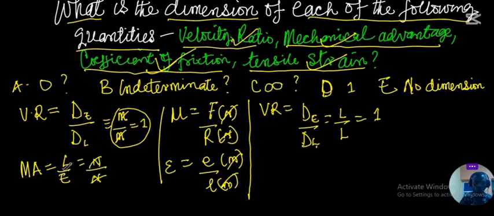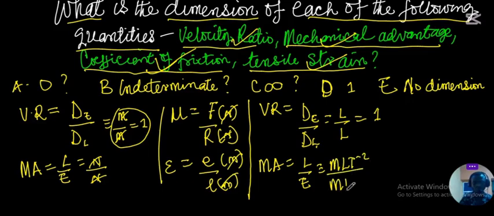We do that for mechanical advantage, load over effort. Dimension for load is the same as that of force, which is MLT minus 2. The same thing here, MLT minus 2. So that is equal to 1. If we do that for this and this, you also get 1.